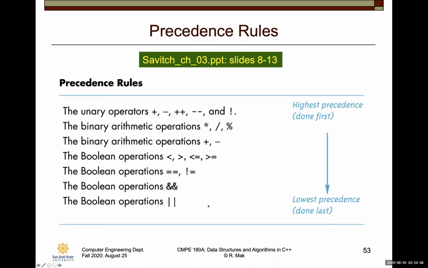I always put in parentheses so that I have control over what operations are done first, and it makes it much easier for somebody reading the code to realize what operations are done first and what operations are done next, okay, by the use of parentheses. So the Savage textbook, of course, will explain all that.